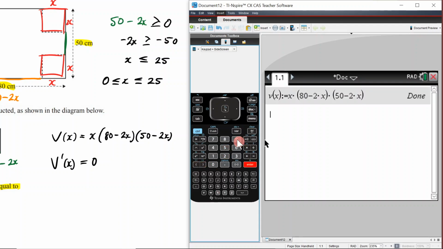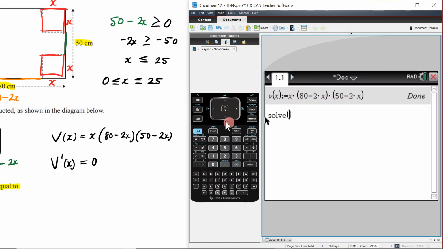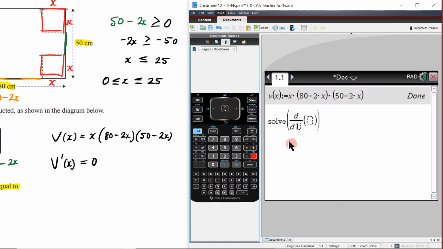I hit enter there. That's now done. What I'm now going to do is go menu, algebra, solve. I'm going to go shift minus to get the differential there, x. I'm going to put V of x, set that equal to 0, and solve for x just like that.